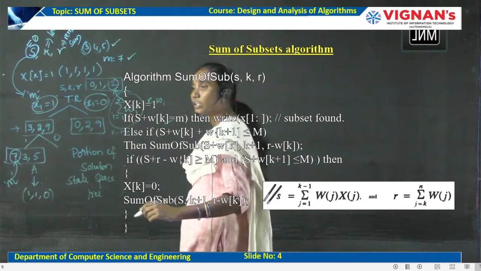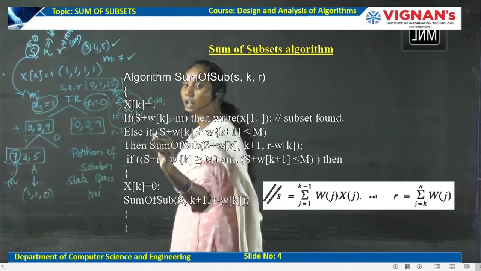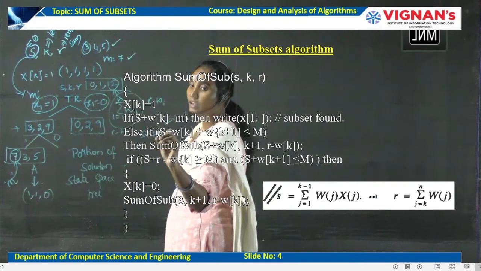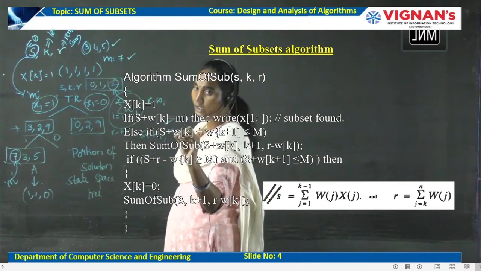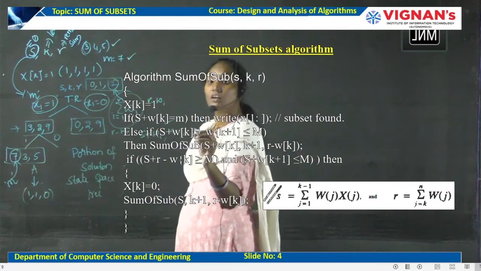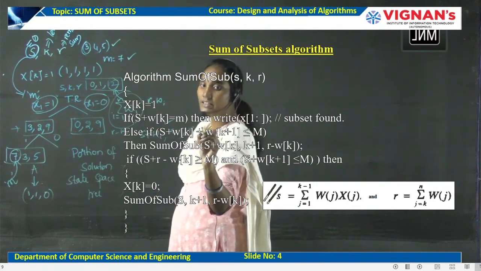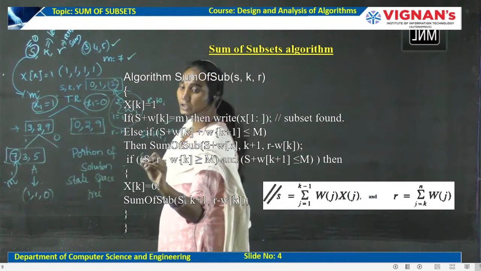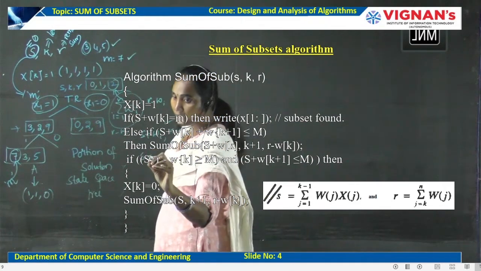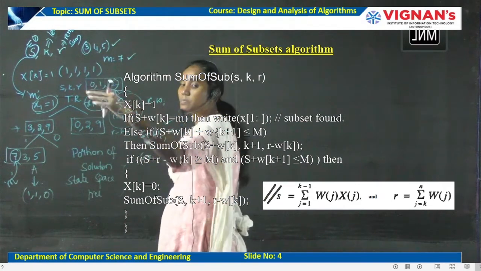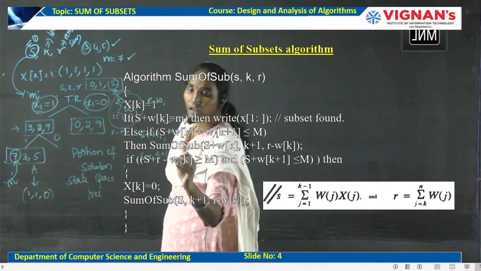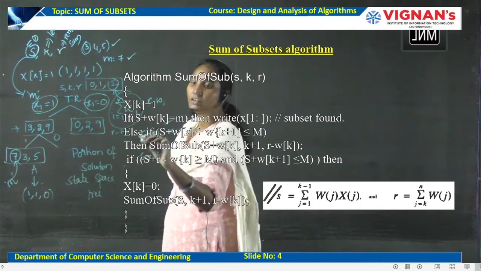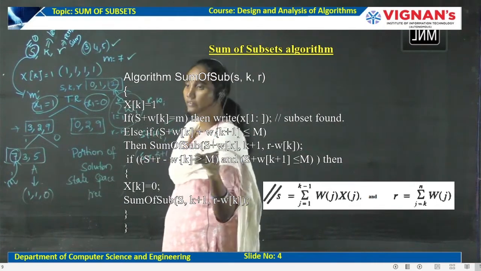So in the left subtree, what happened? s plus wi comma k plus 1 comma r minus wi. In the right subtree, s remains whatever the s was previously, the same s we are taking, and k plus 1 and r minus wi. This is what we are representing in the given algorithm.